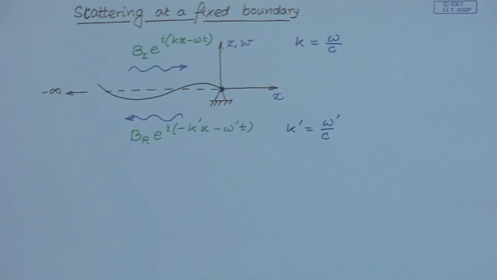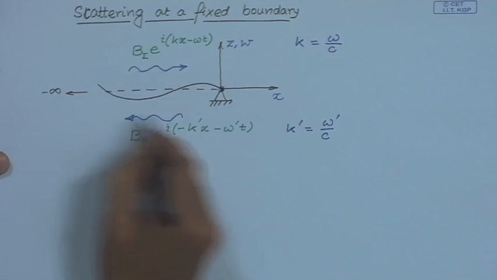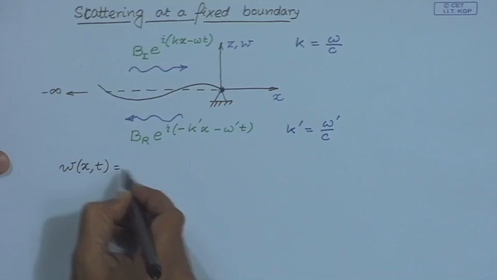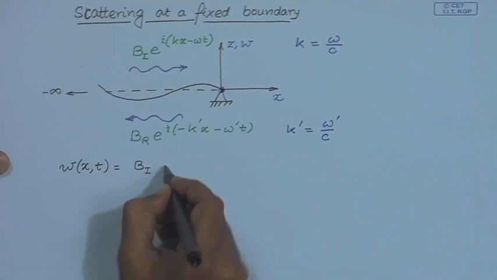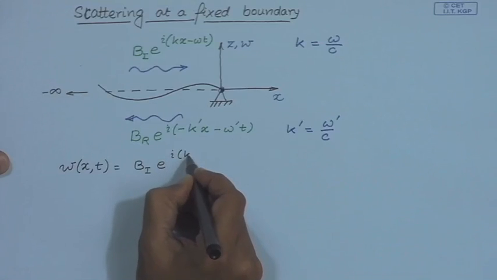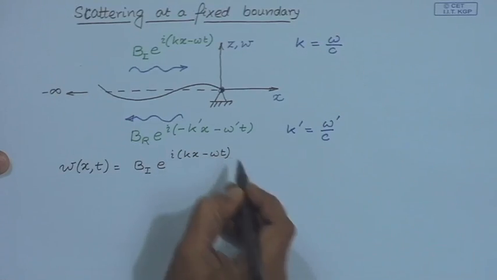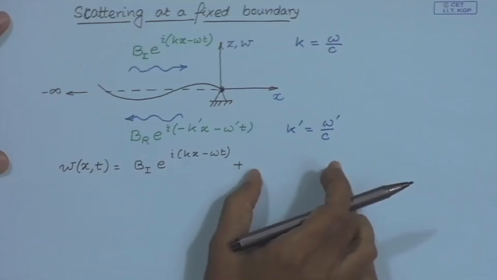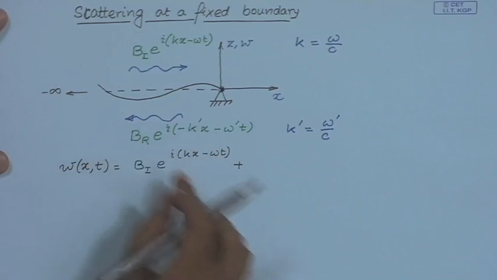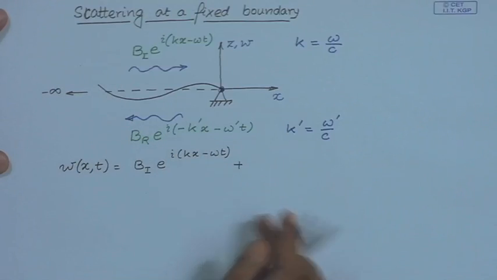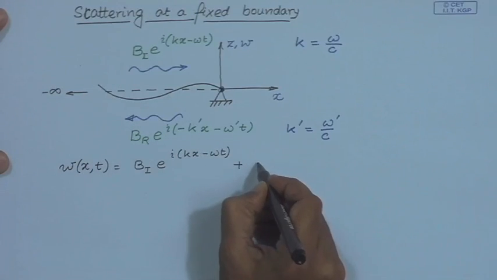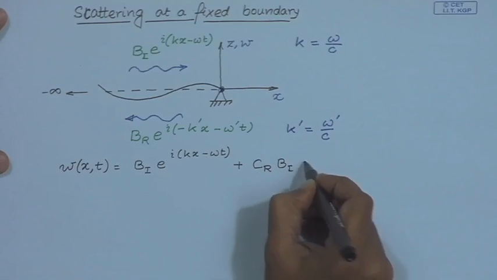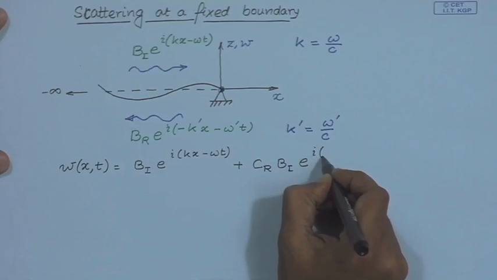So, the total wave field in this string is the incident wave plus the reflected wave. Now, what I am going to do is represent this amplitude of the reflected wave, B r, as a coefficient of reflection, C r, times B I, and there is this exponential part.